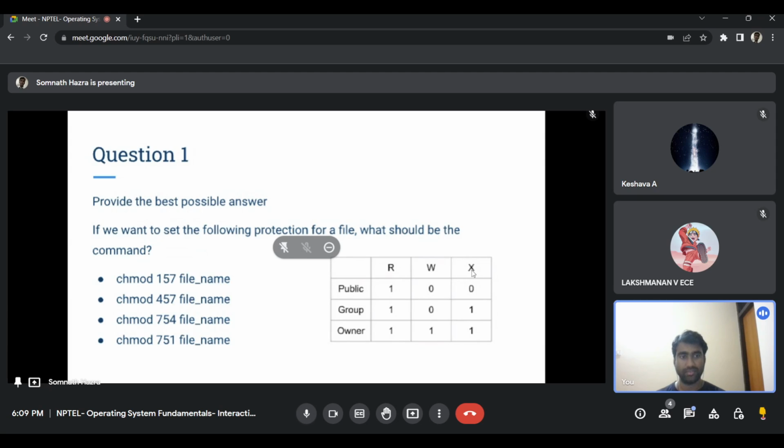There are certain files which you need to execute, right? For example, an exe file in a Windows system, those files execute in the system. So those are the permissions that you need to give to the file: whether you can read a file, whether you can write to a file, and whether you can execute. Okay, so accordingly, as you can see, there are 3-bit numbers that are generated.